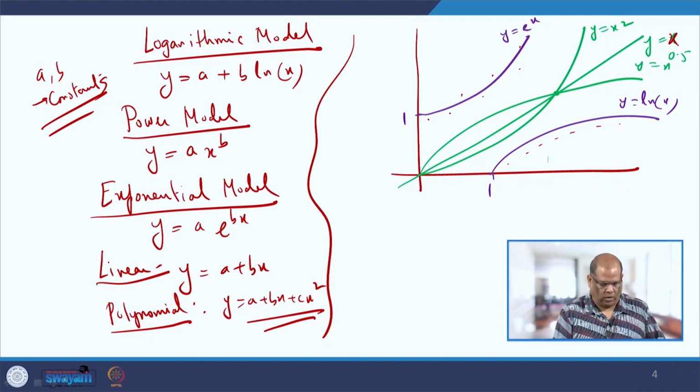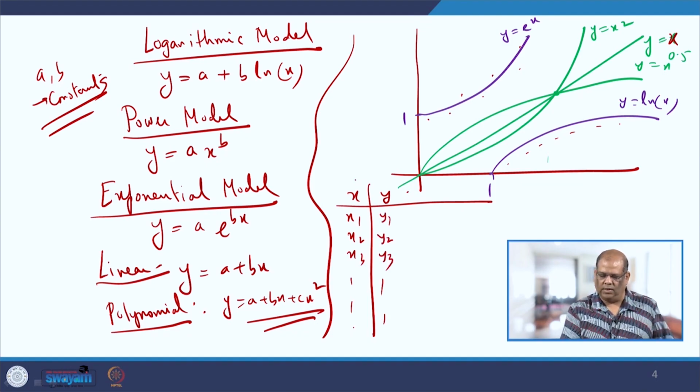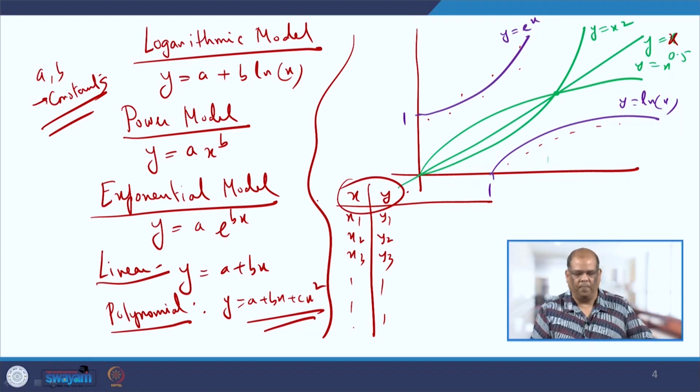So, how will this work? You will have the x values and the y values, say x1, x2, x3 and y1, y2, y3. This is the set of data which you will get.